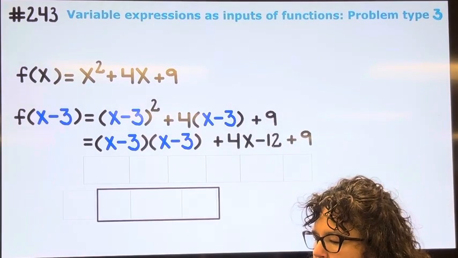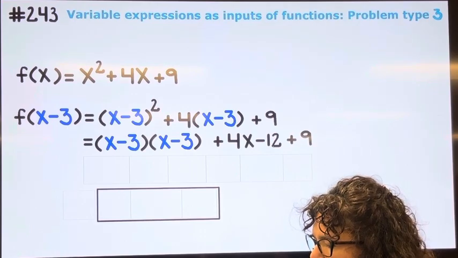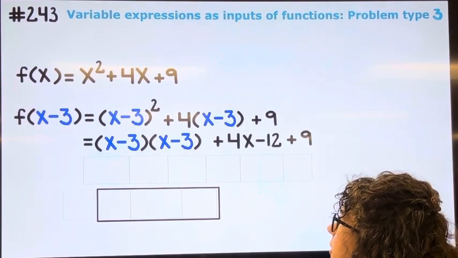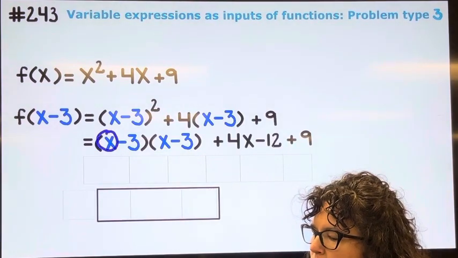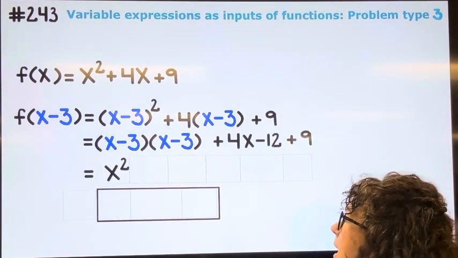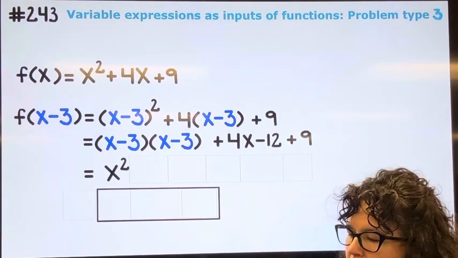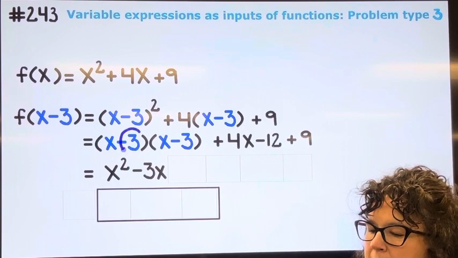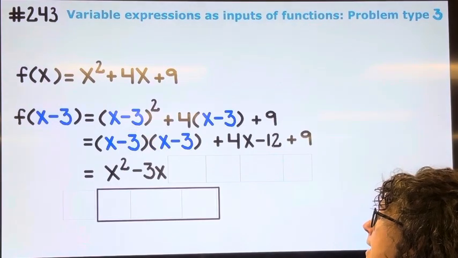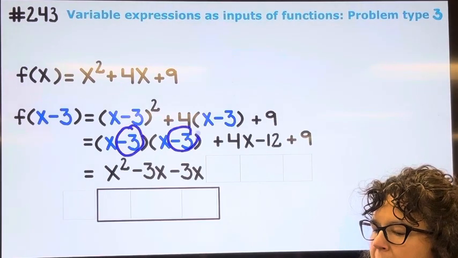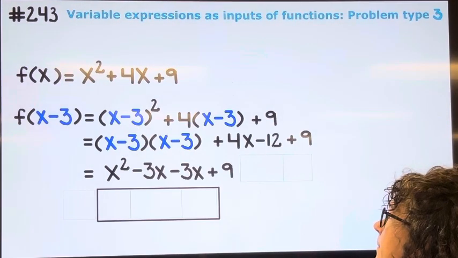Next, I'm going to FOIL this part together. X multiplied by x is x squared. Outside, x multiplied by negative 3, negative 3x. Negative 3 multiplied by x inside is 3x. And then last times last is 9.